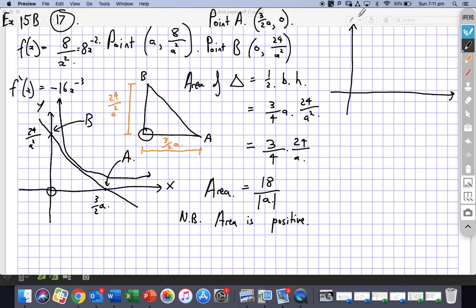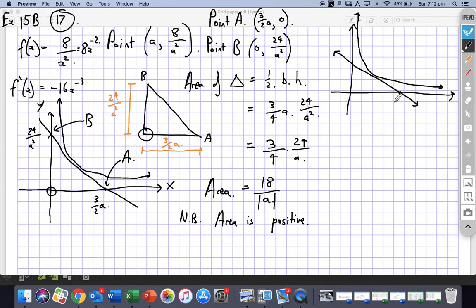We've got our curve, something like that, and our triangle. It's supposed to be tangential. No, that's just too bad. Let's try that again. Okay, we had this point here.